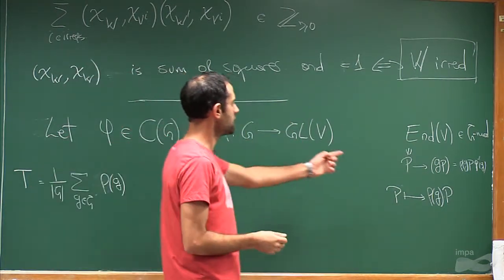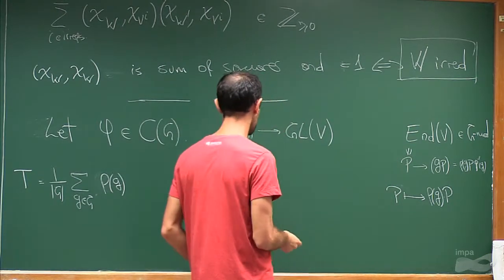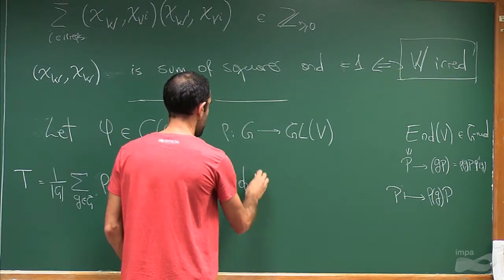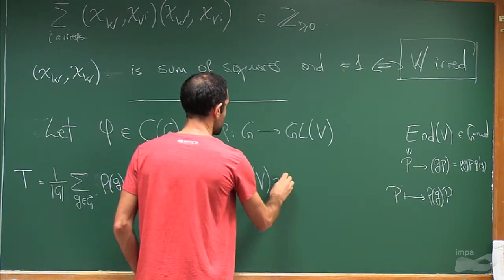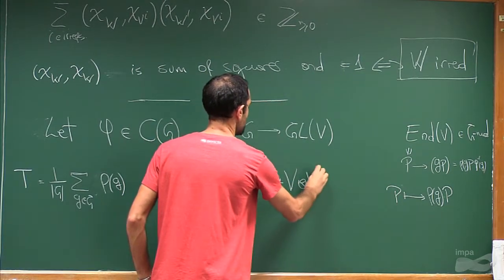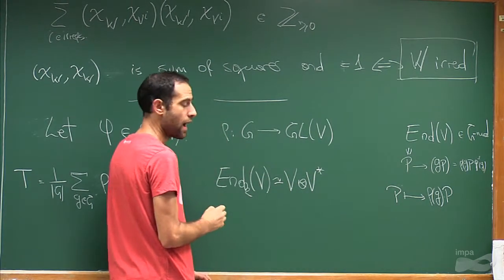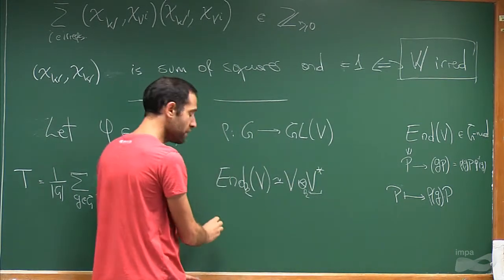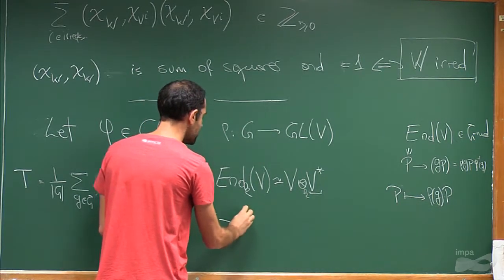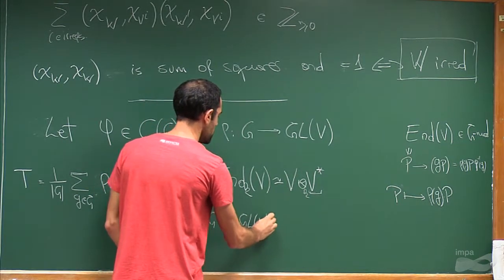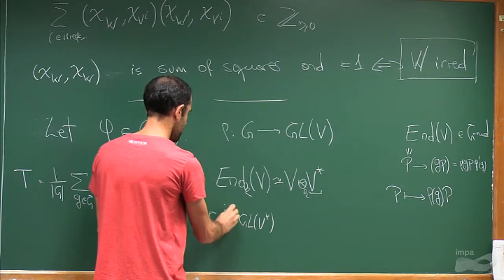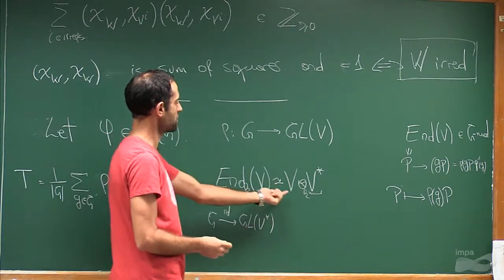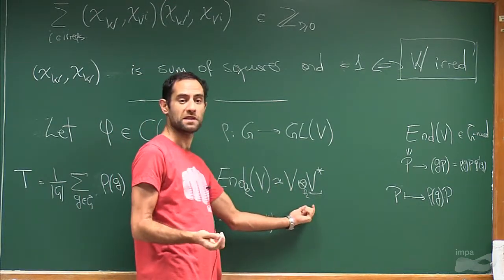Actually, viewed this way, what is this representation? This representation is just simply viewing the vector space of K-linear endomorphisms of V as V tensor V dual, and then you view this vector space V dual as a trivial representation of G. So you take the identity representation in the vector space V dual that sends every g to the identity, and rho on the vector space V, and just take the tensor product of these two representations.